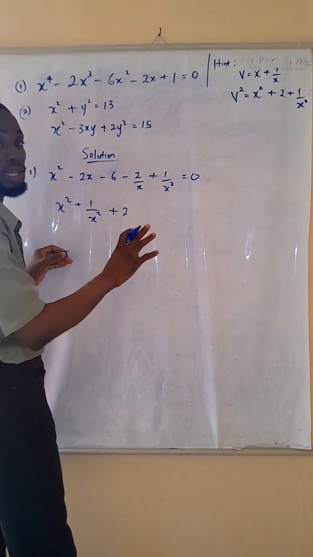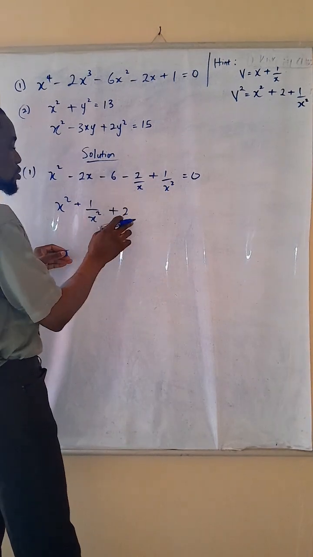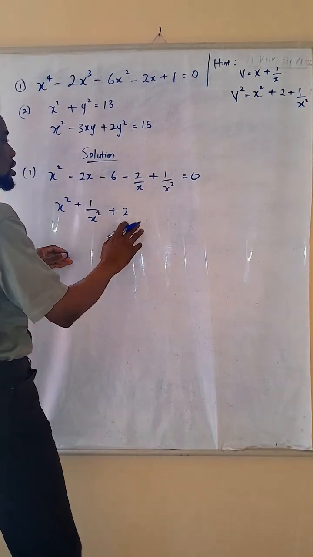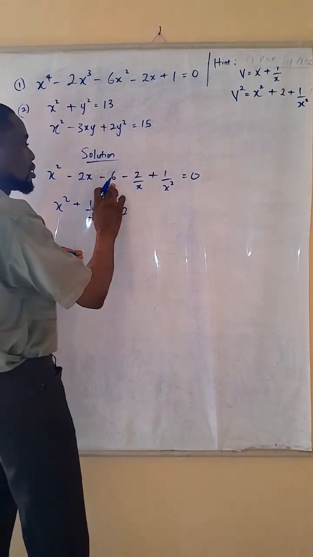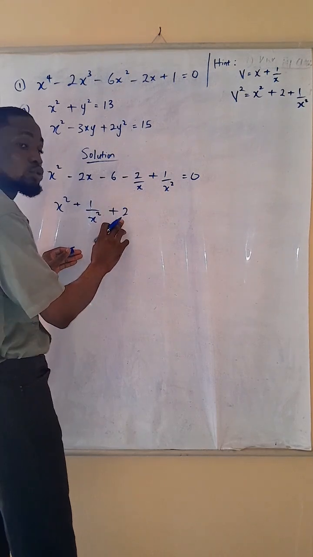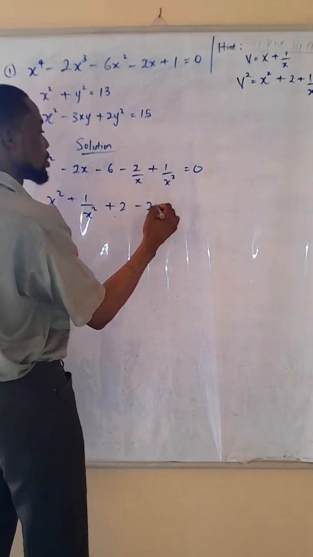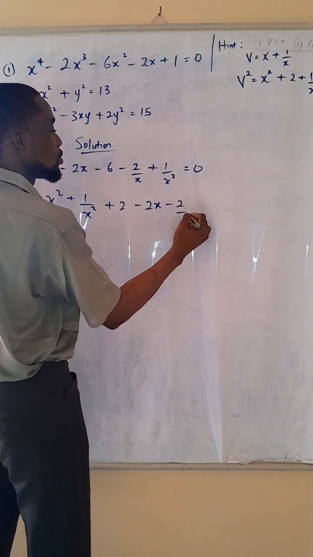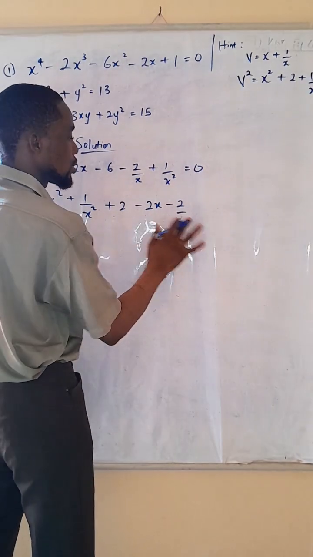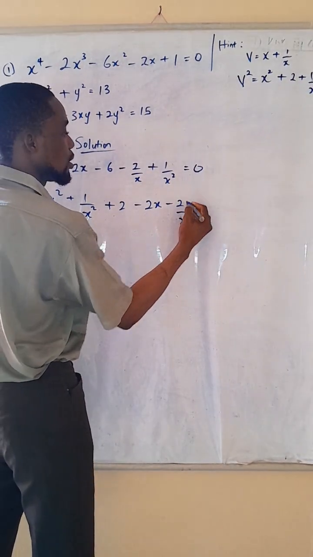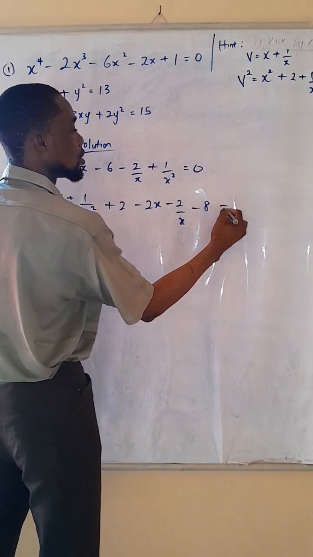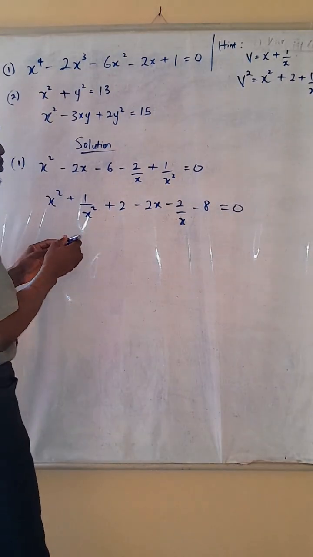I have to split it like that so that I can get what I'm looking for. So I've split minus 6 to plus 2 minus 8. Let's write the remaining down: minus 2x minus 2 over x, then minus 8 all equals to 0.